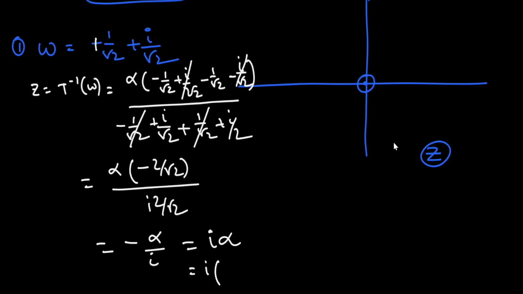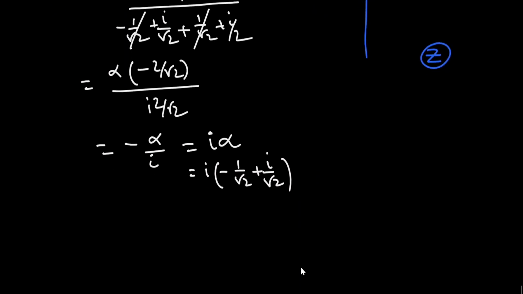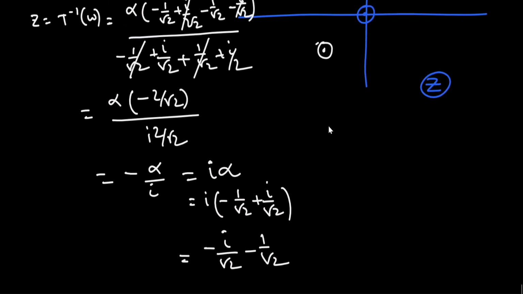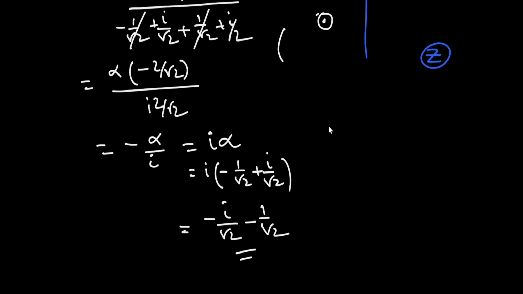So this is iota into minus 1 by root 2 plus iota by root 2, which is simply minus iota by root 2 minus 1 by root 2. Minus minus means third quadrant. So this is the point whose pair is minus 1 by root 2 and minus 1 by root 2.